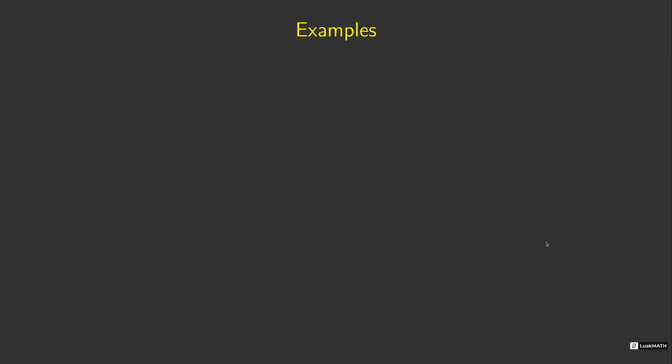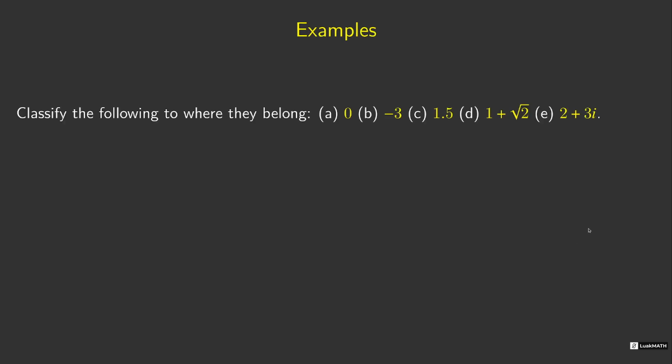Now, I would like to go through a few examples. And the goal is to classify these examples into the set of numbers we've seen so far. I have 0, -3, 1.5, 1 plus root 2, and 2 plus 3i. We start with 0. Where does 0 belong?